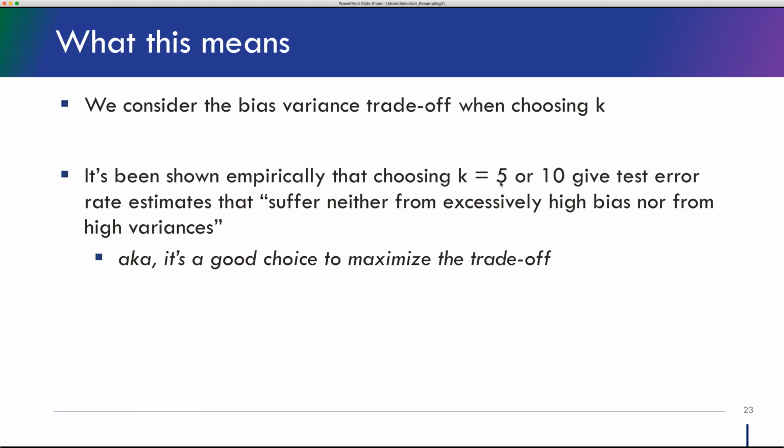Empirically, choosing k equal to 5 or 10 gives test error rate estimates that suffer neither from excessively high bias nor from high variance. That is, k equal to 5 or 10 is a good choice to balance this trade-off.